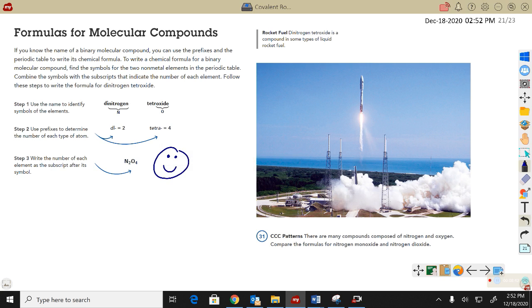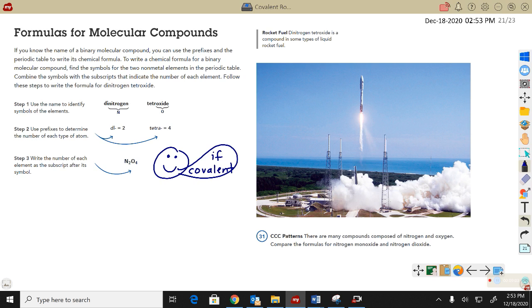And now what you'll notice is this is okay. Notice that it's not the simplest ratio. 2 to 4, that's not the simplest ratio. But that's okay if covalent. Covalent compounds exist as molecules.